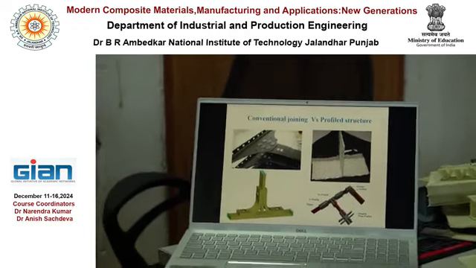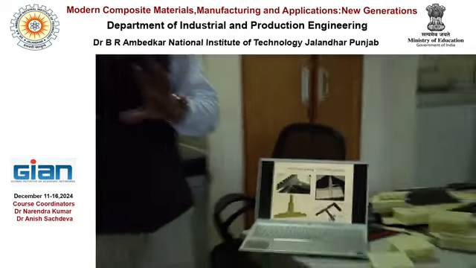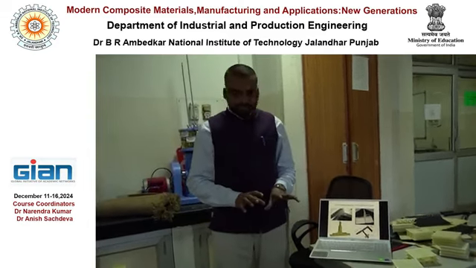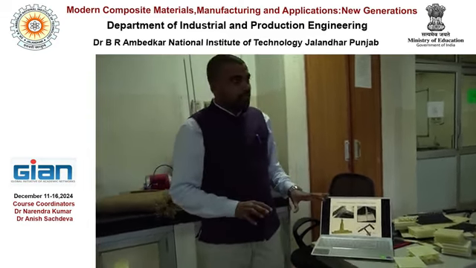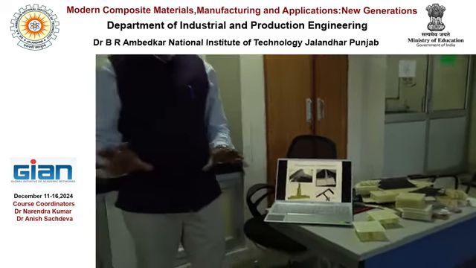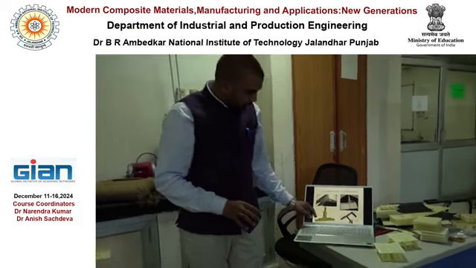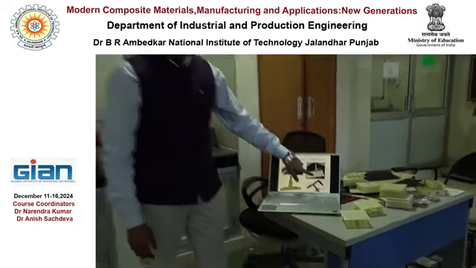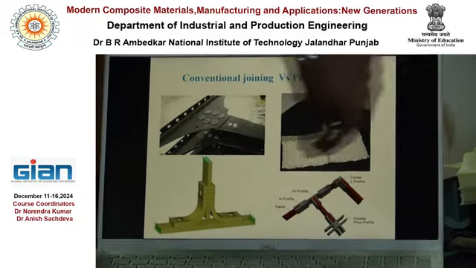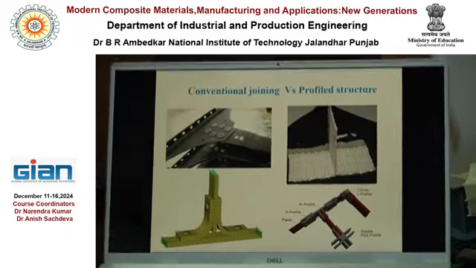Now what happens is that, let's say you have a composite material and you want to join this composite material. So you can use a fastener, there is no problem. Let's say for example this is the T profile, and I want to join some component here and some component here, we can use the fastener, there is no problem.